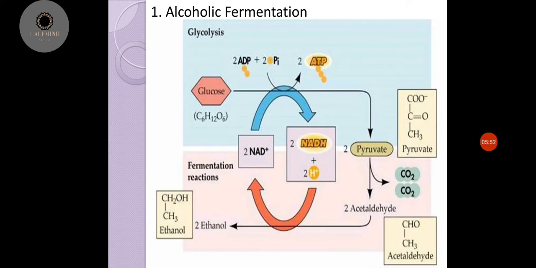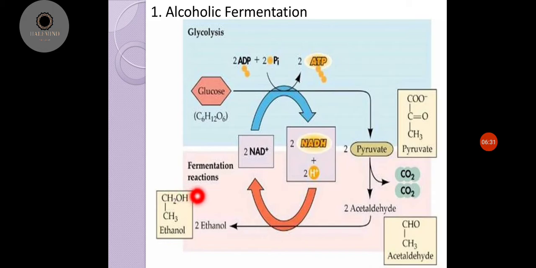Now, bakit siya tinawag na alcoholic fermentation? Because ang product ng process na to is ethanol. Okay? Ethanol yung product ng process na to. Now, look here at the chemical composition of the acetaldehyde. It has two atoms of carbon, 4 atoms of hydrogen, and 1 atom of oxygen. Now, in the ethanol, it has 2 atoms of carbon, 6 atoms of hydrogen, and 1 atom of oxygen.